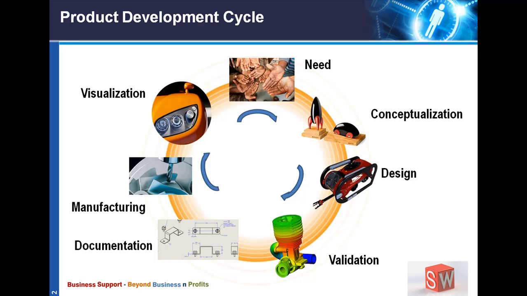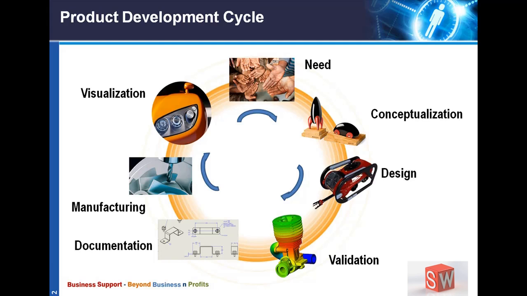Now the next stage is visualization. Once you have completed the product using manufacturing software, the next stage is you would like to show your product in a more realistic way, so that the customer is attracted at first sight itself. And this is the entire product development cycle involved in any company, and they will do all this using different software to develop the product.